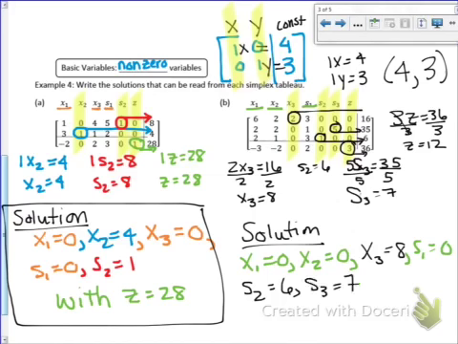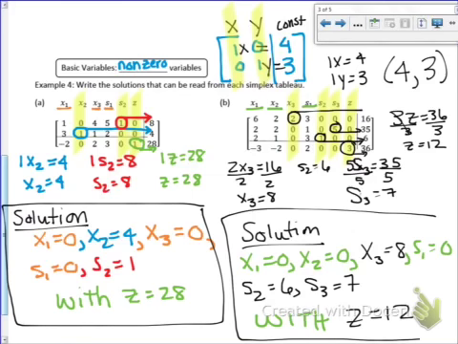And then when you get to Z, you're always going to say with, because that's what you're trying to maximize here, Z equal to 12. And then this would be your final solution.